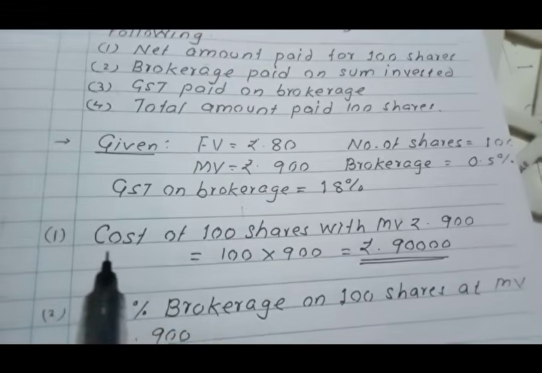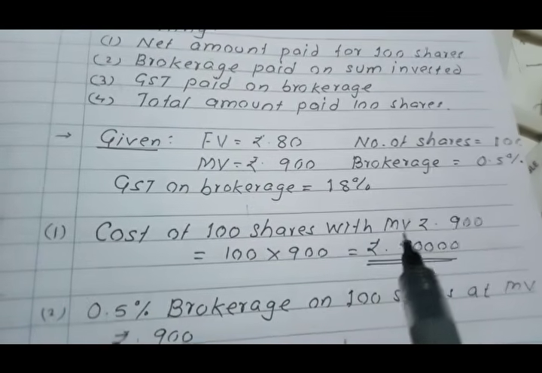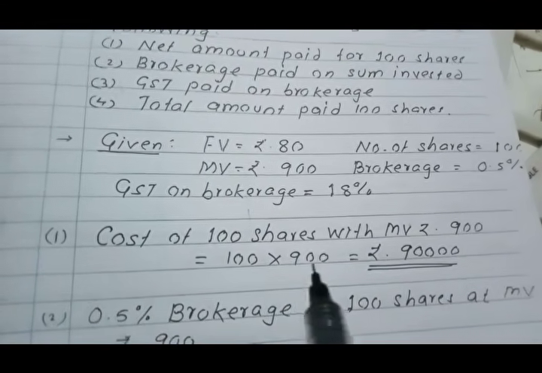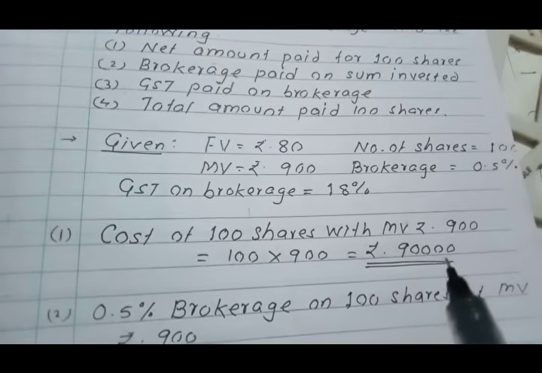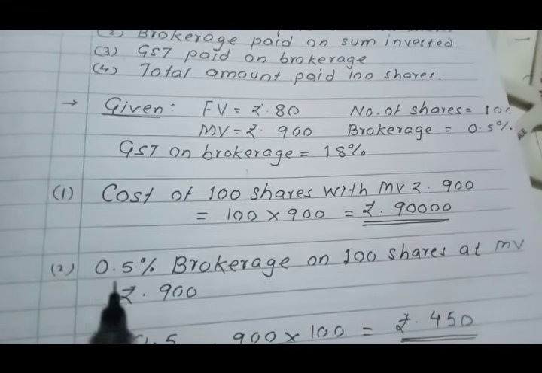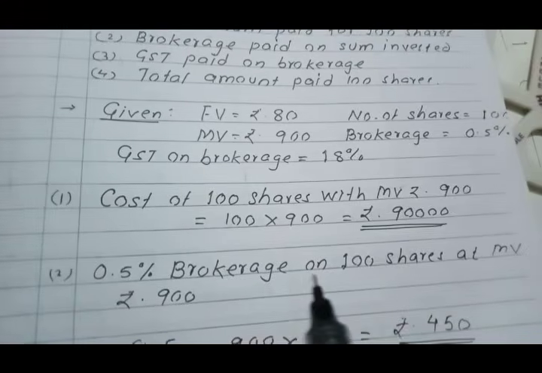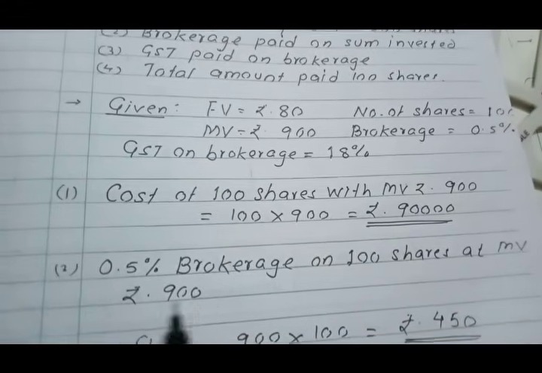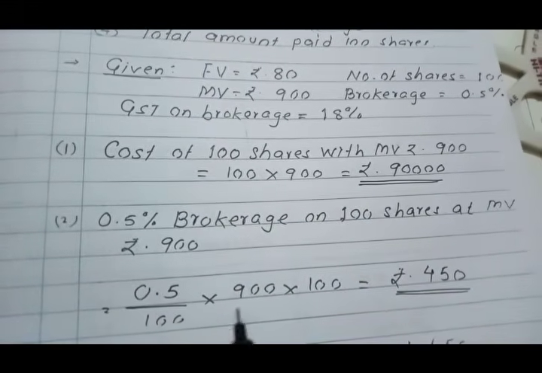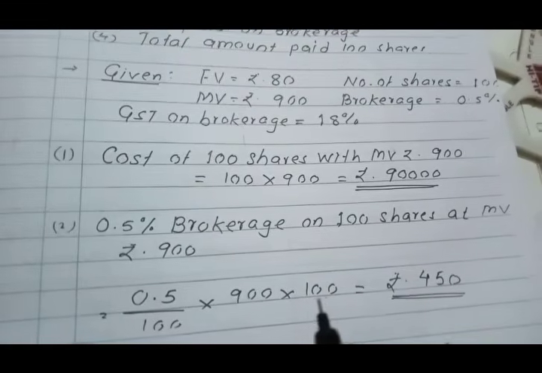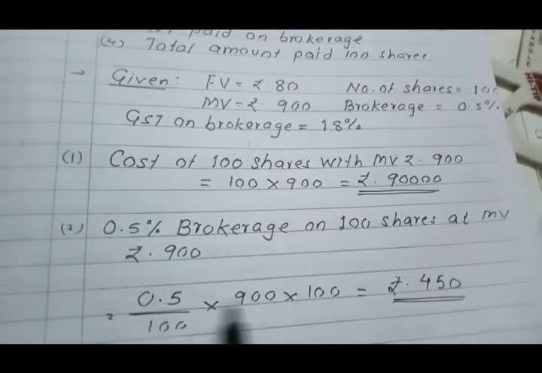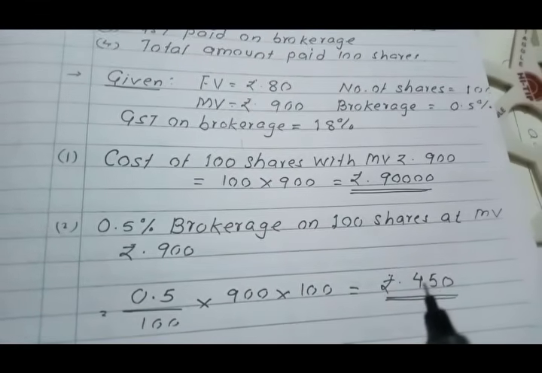First, cost of 100 shares with market value rupees 900: 100 into 900, answer 90,000 rupees. Second, brokerage 0.5% on 100 shares at market value rupees 900: 0.5 upon 100 into 900 into 100 shares, the 100 cancels, multiply, 450 rupees.